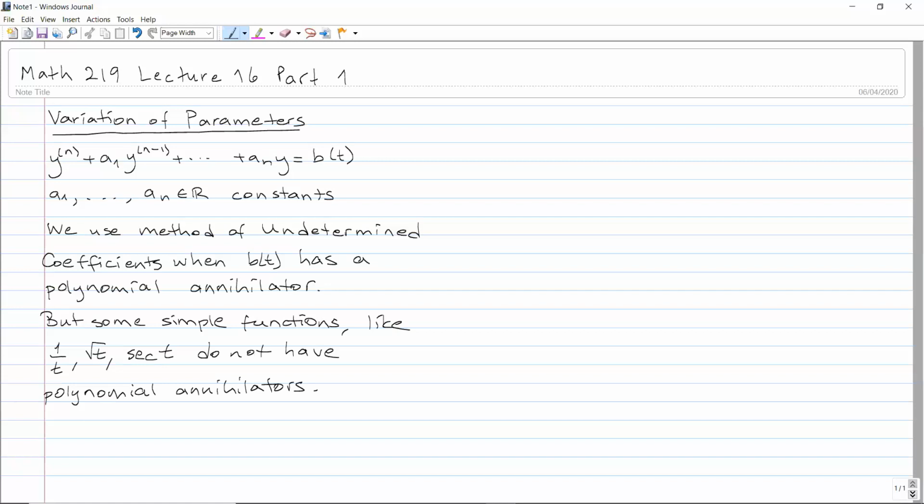So in this case, when the function b of t does not have an annihilator, we cannot use the method of undetermined coefficients.